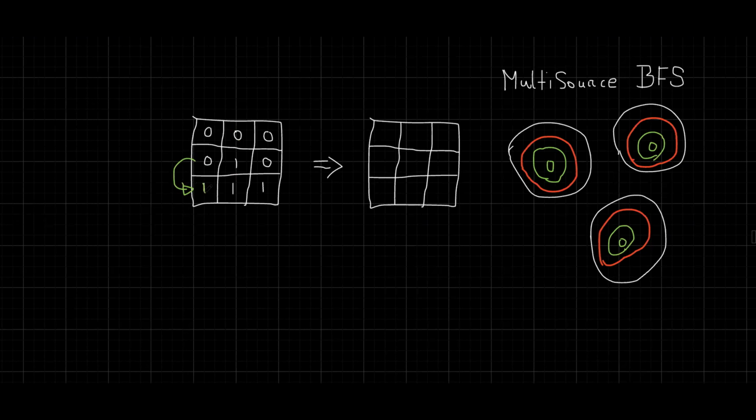It is 1. Instead of thinking of the distance between the 1 and 0, we will calculate the distance between 0 and 1. This is basically a tricky intuition. Now, for each of the cells which is equal to 0, we will store them as the starting points of the BFS.